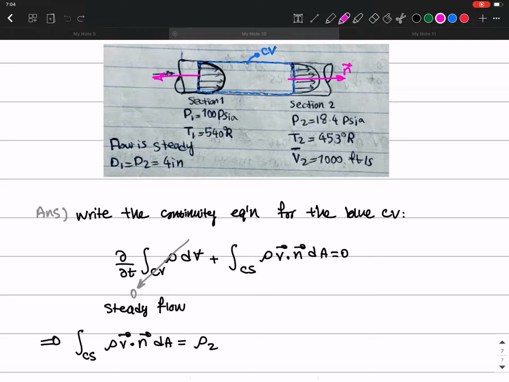This is another way to double check that you are writing this correctly. So outflow is rho 2 v bar 2 A2, at this section, minus the inflow, which is rho 1 v bar 1 A1. Okay, so this equals 0.